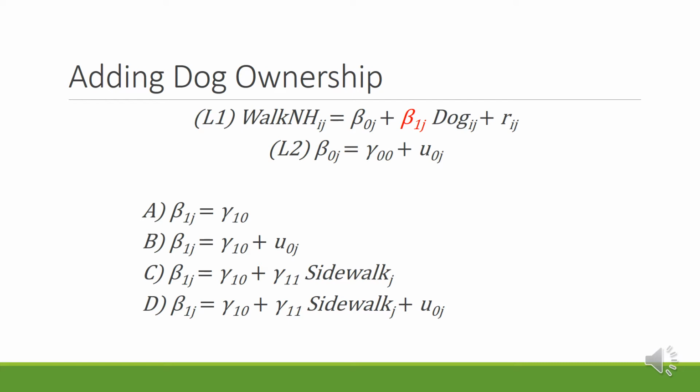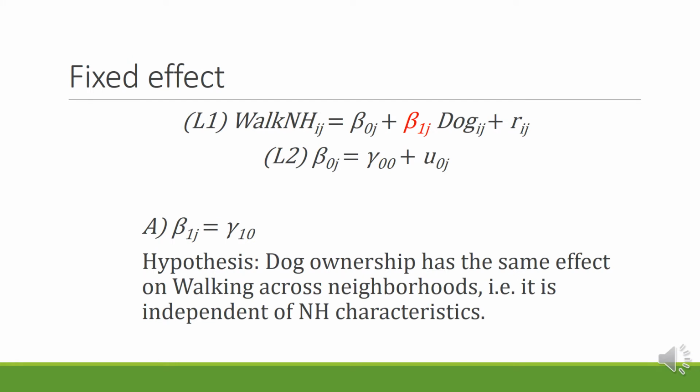And so what you can see is that we have four different ways of modeling beta 1j, and I'm going to talk through what the hypotheses are that would make you choose one of these. So the first case is that of a fixed effect, and what we have here is the level 2 equation. It's just beta 1j equals gamma 10.